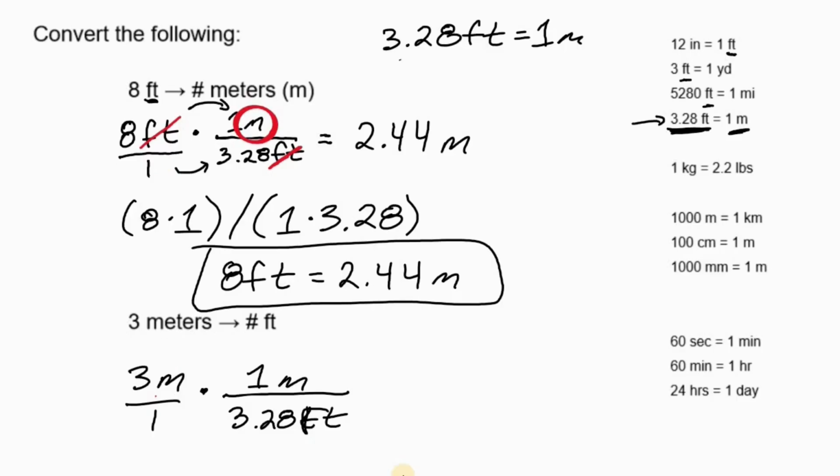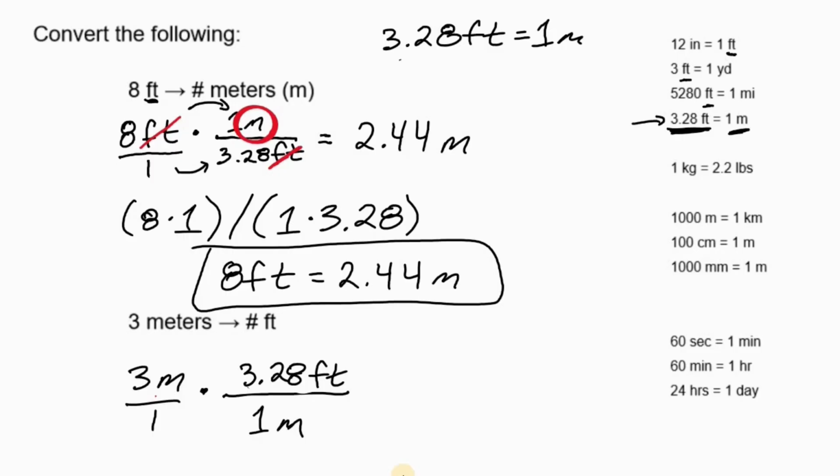That's not the way it works. We need to have meters on top and meters on bottom. So what we did here is we substituted the top, our numerator, for 1 meter when it was the 3.28 feet. What we should have done was actually rewritten our 3.28 feet to 1 meter in the denominator.